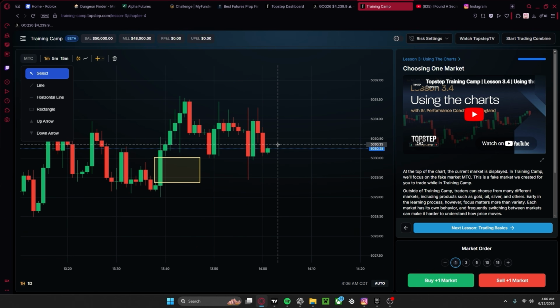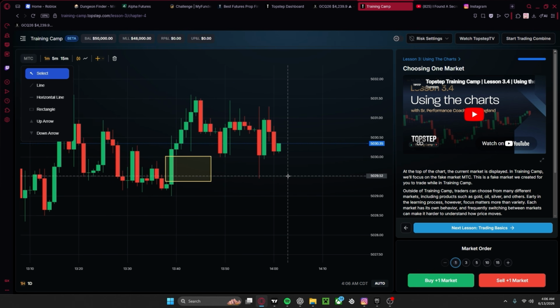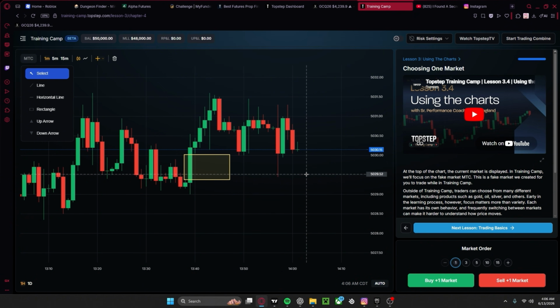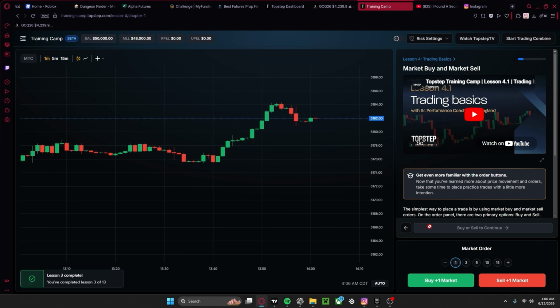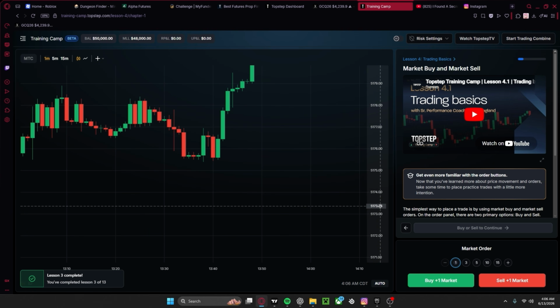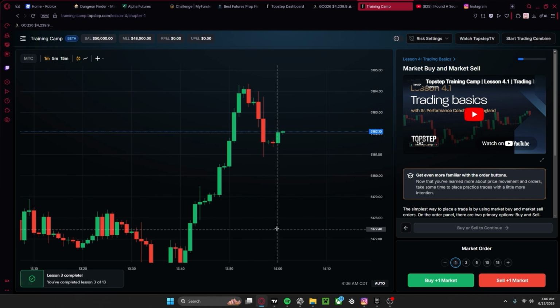Potential fair value gap. No, we don't. No, we do not. Okay, this is just the same market, like what? Okay, there we go.